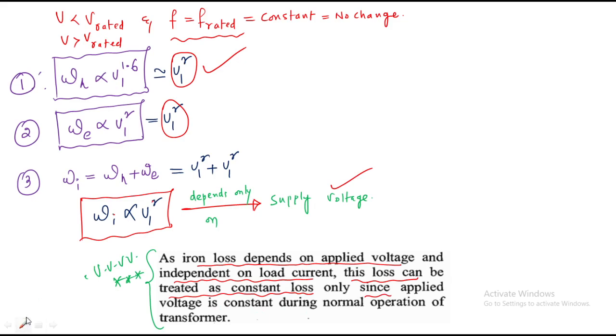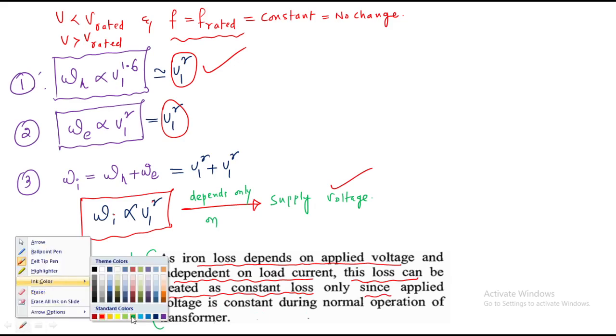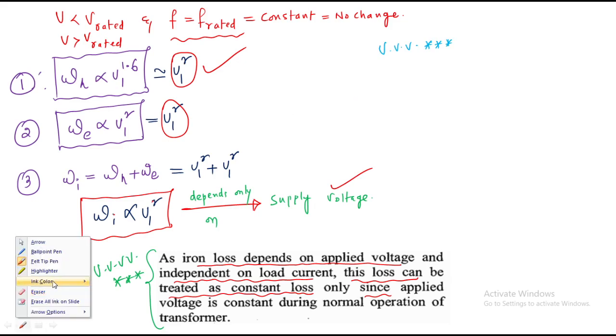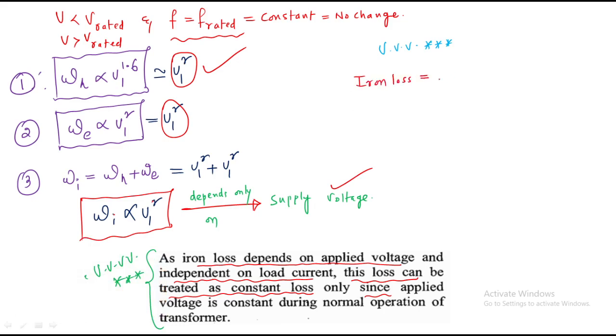Therefore, this iron loss can be treated as constant loss. Very, very important point. What is the point here? Iron loss is equal to constant loss.